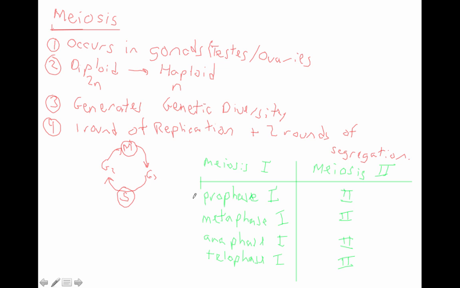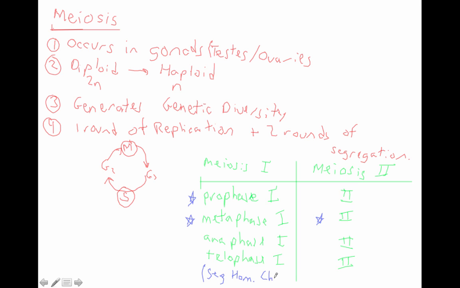We're going to focus on prophase 1, metaphase 1, and that links into anaphase 1, the point we want to make about that. You'll see on the next slide that meiosis 1, one of the really important things it does, is that it segregates homologous chromosomes.